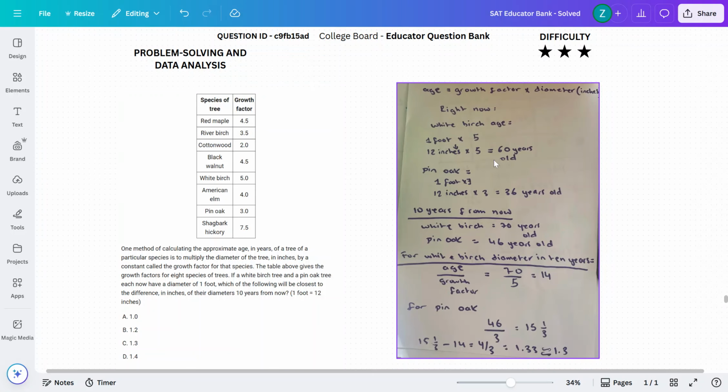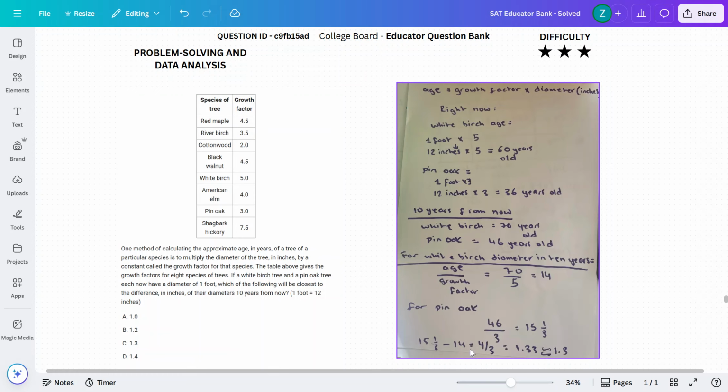So it rose from 12 to 14 inches for the white birch. For the pin oak, its new age is 46 years old. So we're going to do 46 divided by 3 to find the new diameter, which is 15 and 1/3, or 46 over 3.